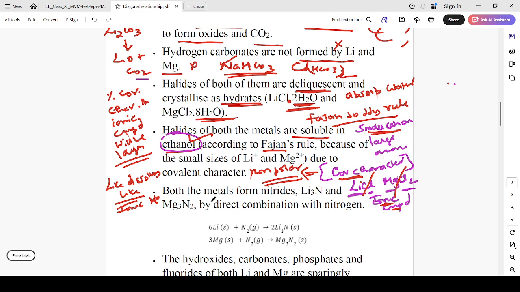The next one: both of them form nitrides. Very important equation. Lithium plus nitrogen forms lithium nitride. Magnesium with nitrogen also forms magnesium nitride. No other elements of their respective groups do this reaction.